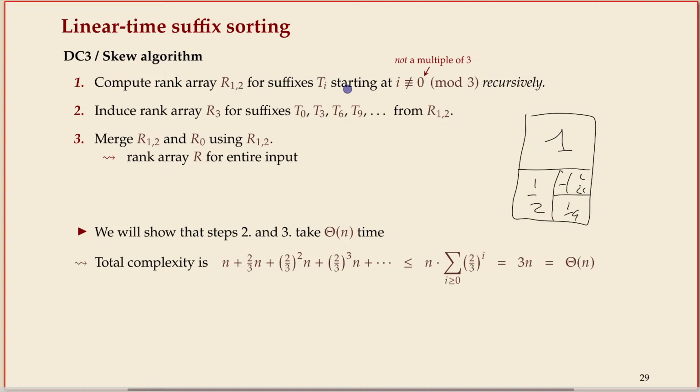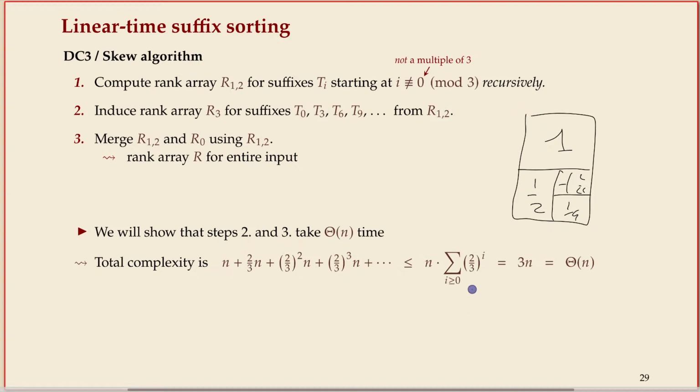If we assume that the second and third step take linear time, then by and large we spend linear time on the topmost recursive call for these two steps. But we recursively have the same cost in the recursive call on the first part, but only on 2/3 of the input. And if you keep going like this, you always have a factor of 2/3.